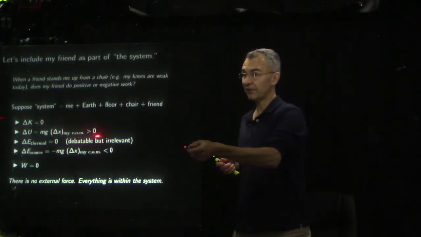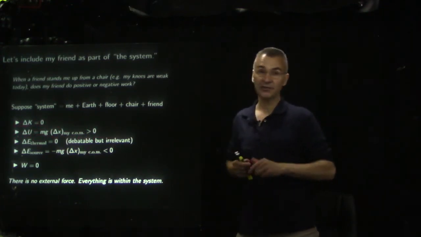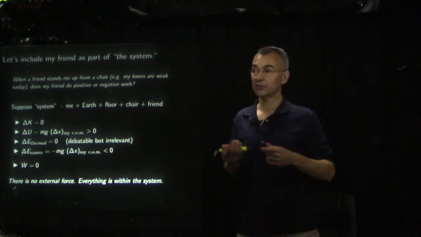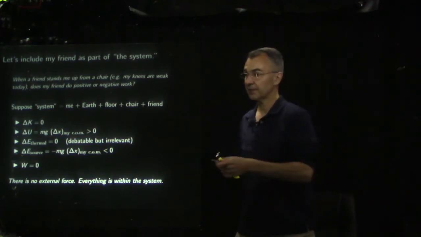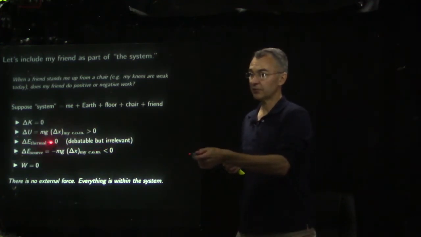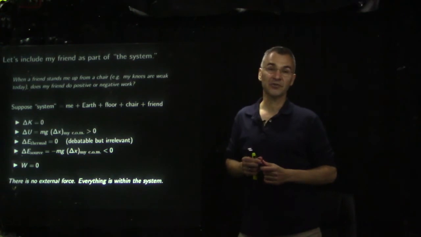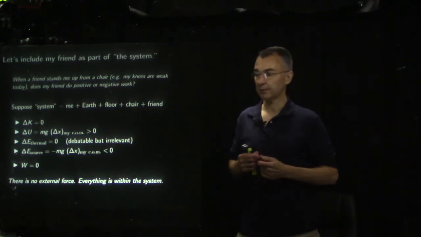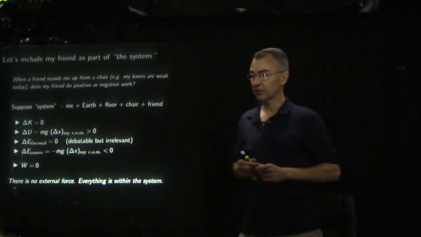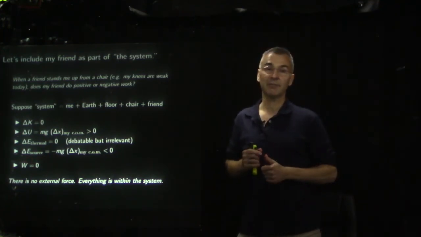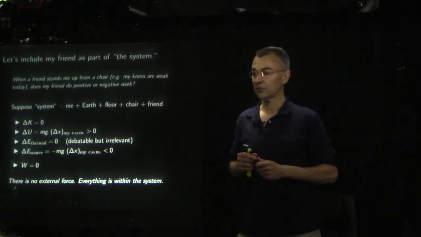The change in gravitational potential energy is positive because I have this altitude gain and earth is part of the system. We're not going to worry about the thermal energy. The change in source energy is negative because my friend, who's part of the system, had to burn some cashew cereal calories, some kind of food stored chemical energy, to lift me up. So the work is 0. There's no external force. Everything happened within the system. So the work is 0.